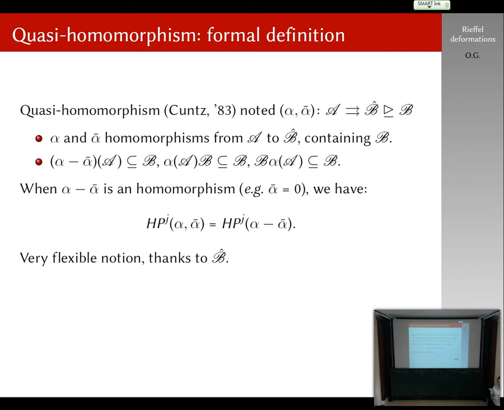And this notion is what is going to enable us to conclude, because of the very strong flexibility that's given by this algebra B hat. Because the map induced by this quasi-homomorphism goes from A to B, and you don't see B hat at all. So this is providing us an additional degree of freedom.